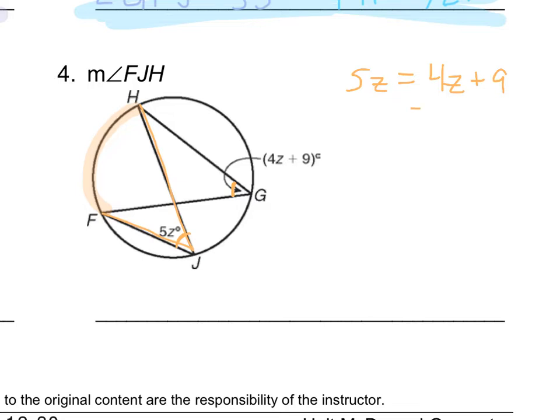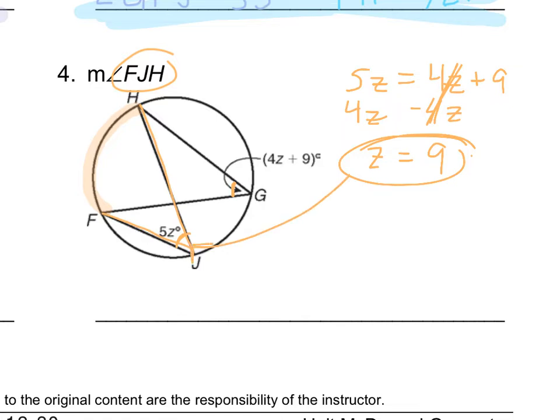Now to solve for z, we're going to subtract 4z from both sides. So it'll cancel out on the right side, and we're left with z on the left side. So z is equal to 9. Now we're looking for FJH, so we take our z and plug it in to 5 times z.